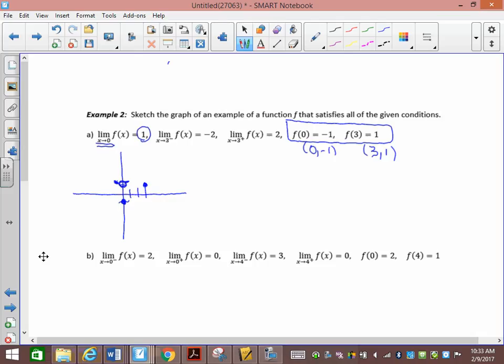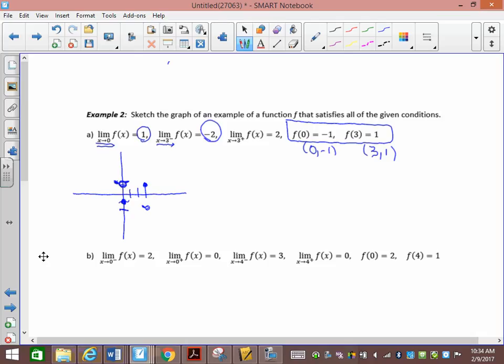Now, from the left of 3, this graph is approaching negative 2. So on the left of 3, this graph is approaching negative 2. There's already a value at 3, so I'm going to do an open dot. And from the left, there's a little intake, something coming in here.